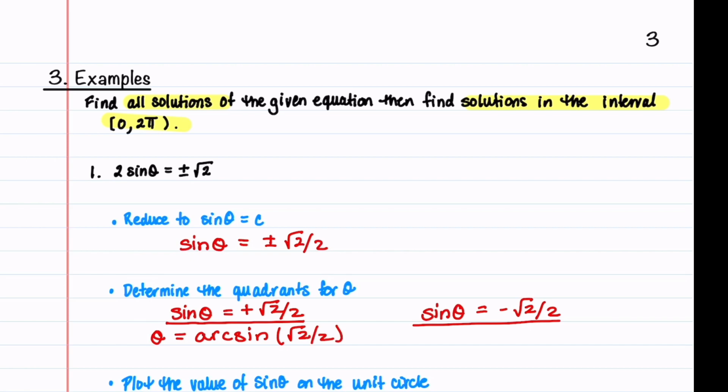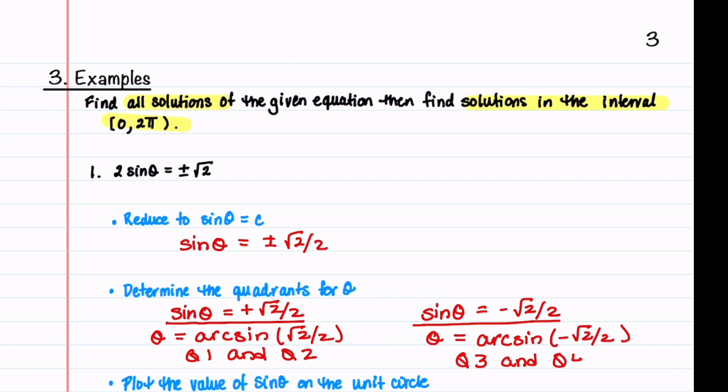And because sine is positive, theta lies in quadrant 1 and in quadrant 2. When sine theta is negative, theta is equal to the arcsine of minus root 2 over 2, and theta is located in quadrant 3 and quadrant 4.